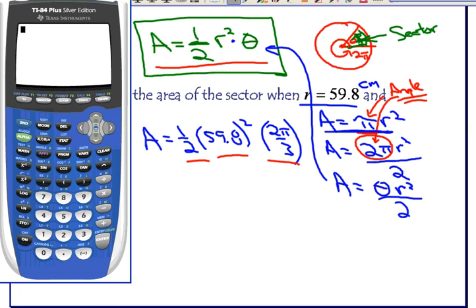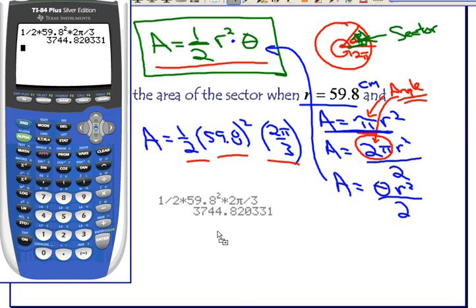And so I've got a 1/2. I'll take it times 59.8. I'll square that, and my calculator knows the order of operations, so it will square that first. Then I'll take it times 2 pi divided by 3. And this will give me my area. Since my radius was in centimeters, my area will be in square centimeters.